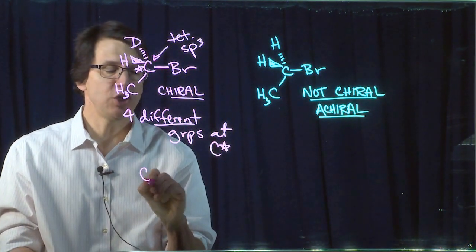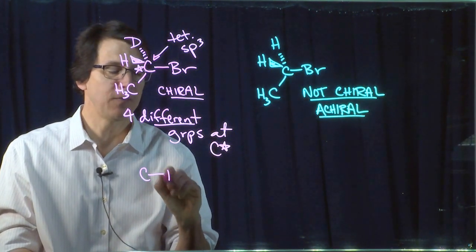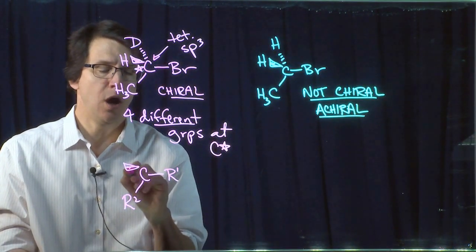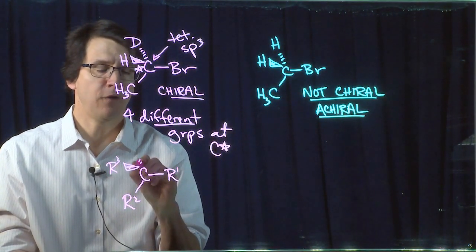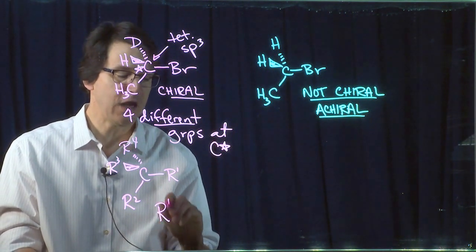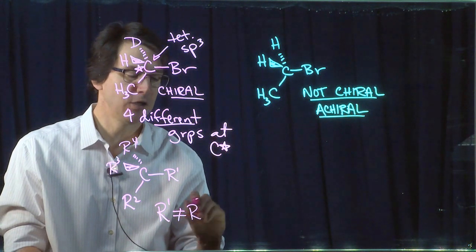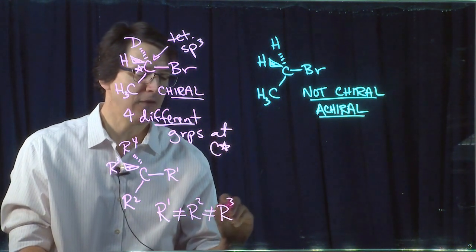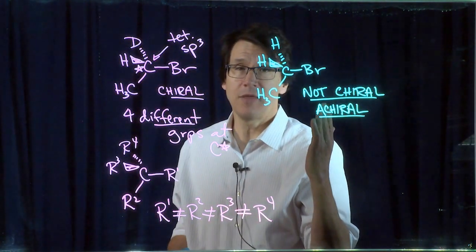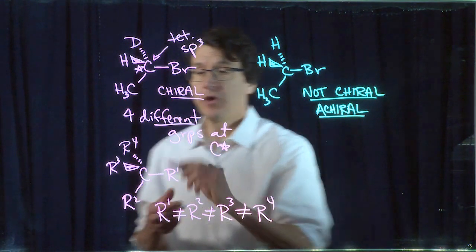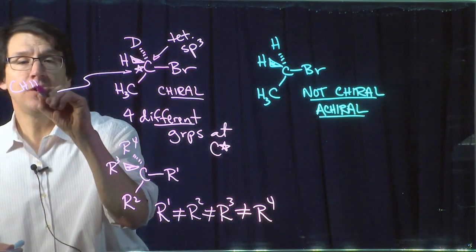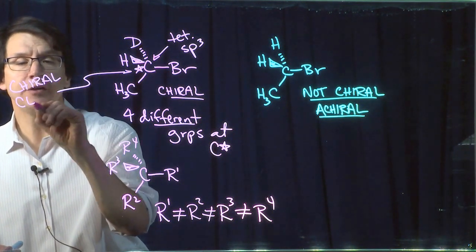Okay? So if we're just going to generalize that, we might just draw something like this: R1, R2, R3, and R4, where none of these 4 groups is the same. So R1 is not equal to R2, is not equal to R3, is not equal to R4. Whereas this one doesn't meet that requirement, right? So we call this type of carbon, sometimes it's referred to as a chiral center.